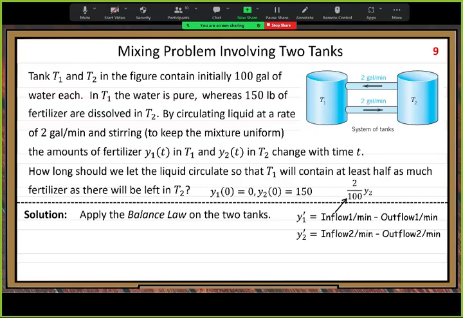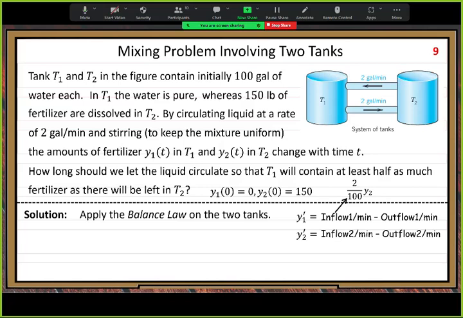Inflow 1 per minute. What's the inflow 1? We want to calculate the amount of fertilizer that flows into tank 1 per minute. How many pounds of fertilizer in 1 minute flow into tank 1?